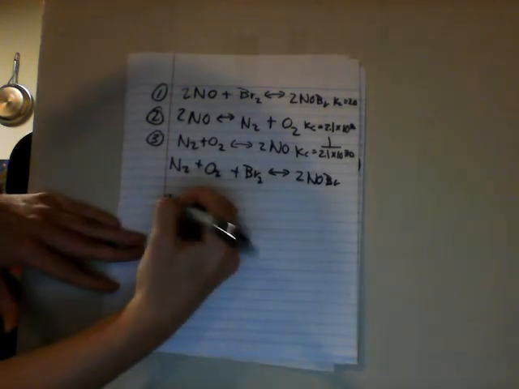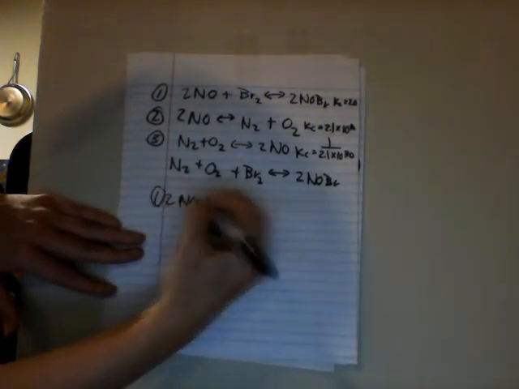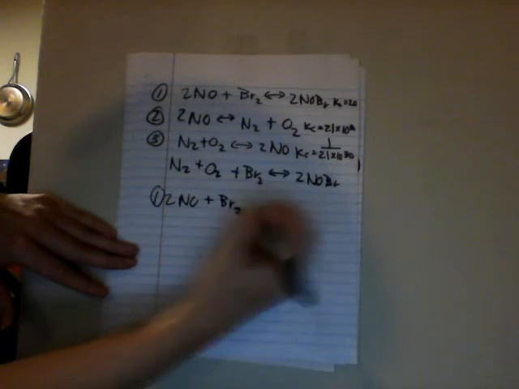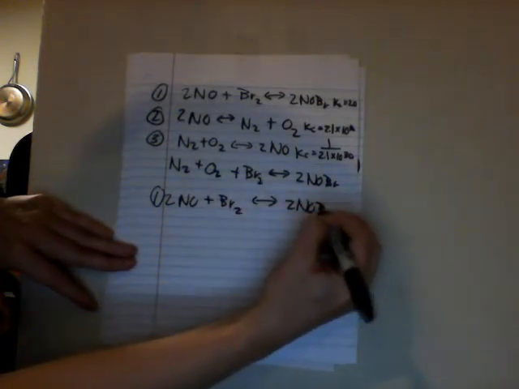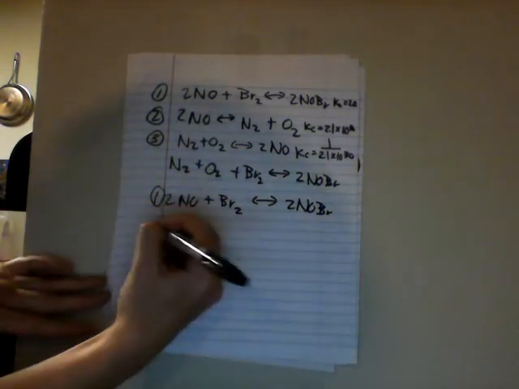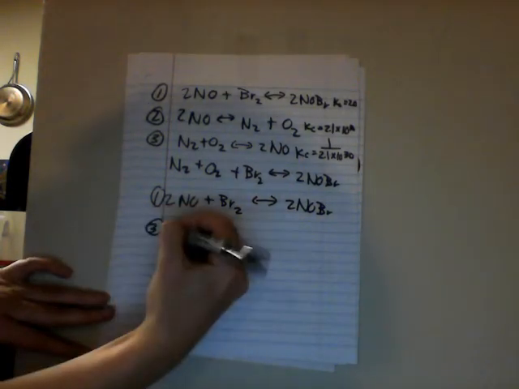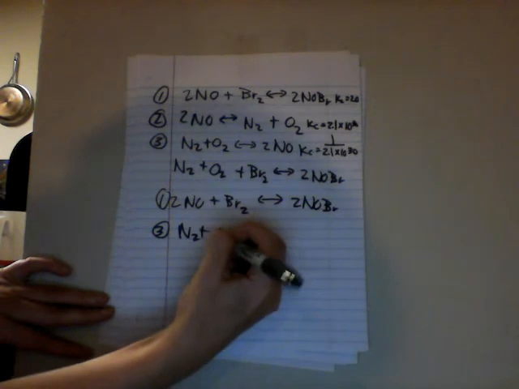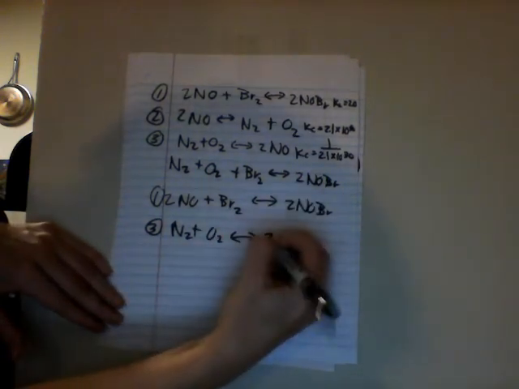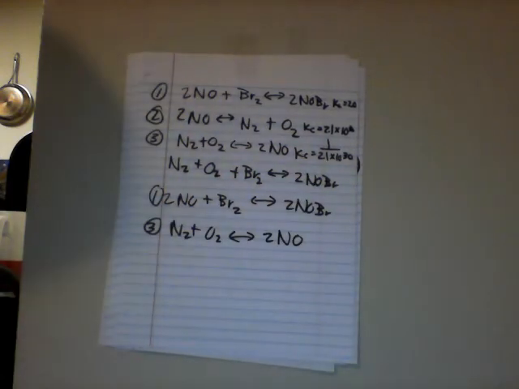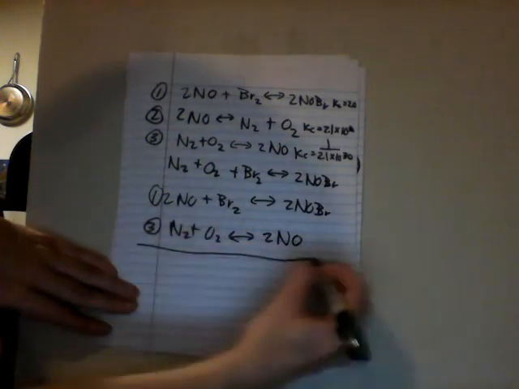So number 1. This one just takes a lot of writing, so forgive me for taking a while. 3 and 2 plus O2, 2NO. Okay? So let me go ahead and add these together.